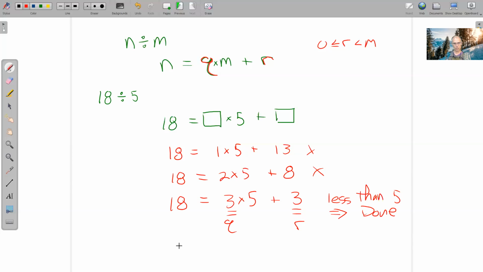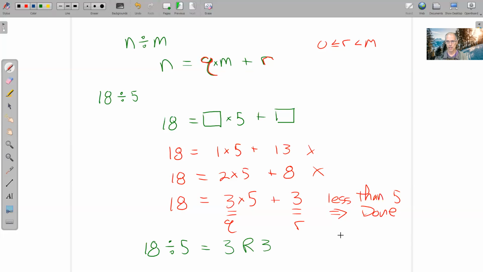And sometimes that would be written, especially with younger kids, that 18 divided by 5 would be equal to 3, remainder 3. And they often use a big R for a remainder. So you've probably seen that notation before. For older kids, we often write it differently.